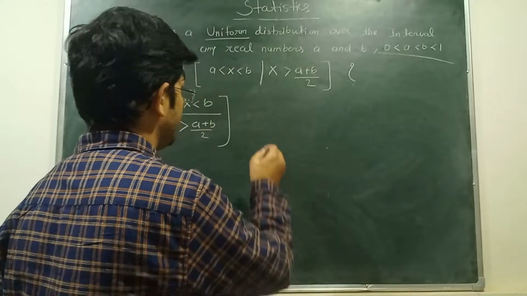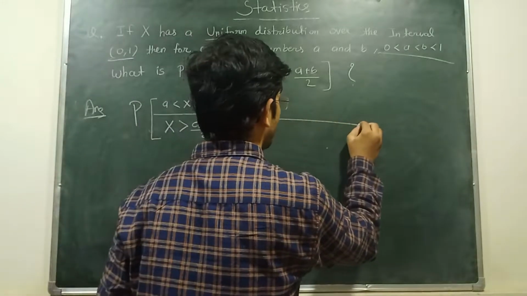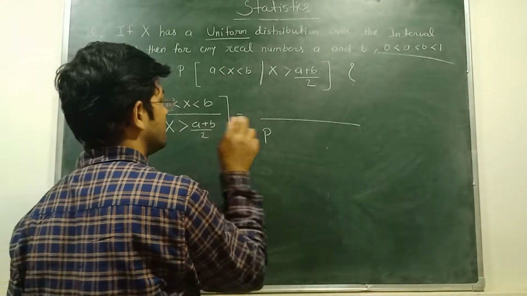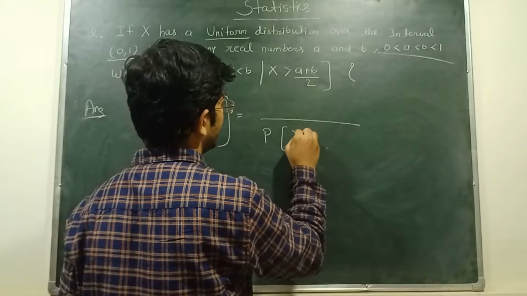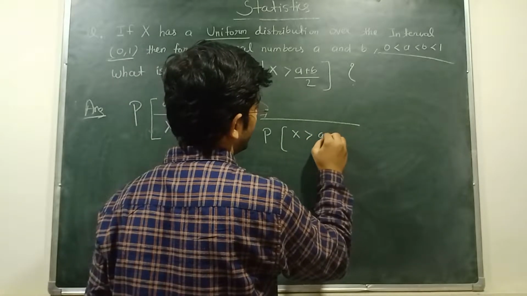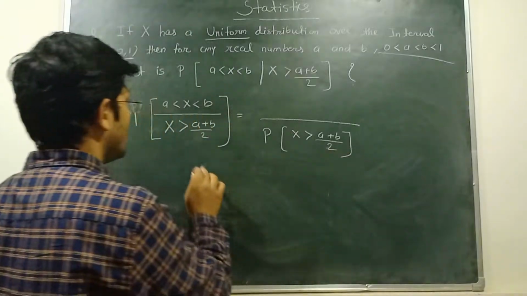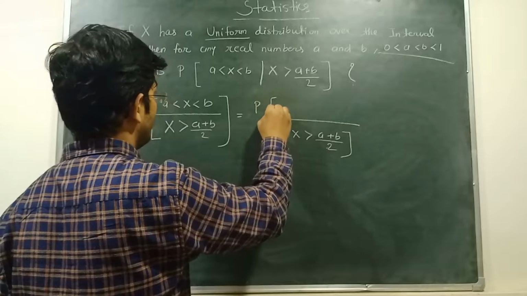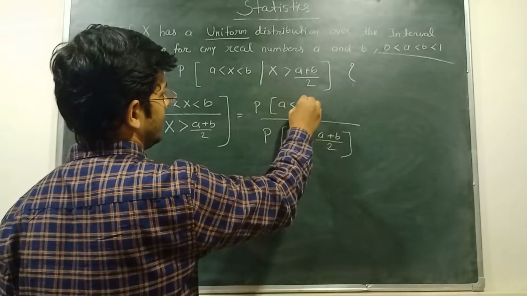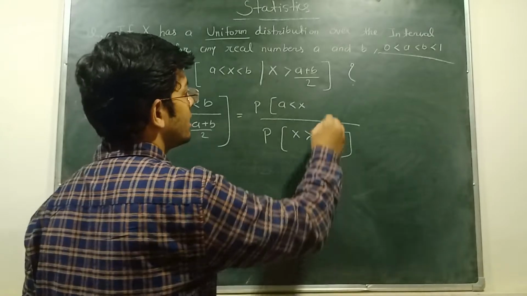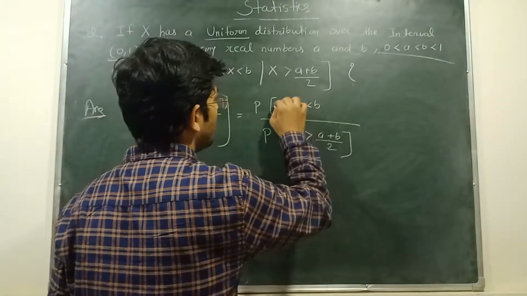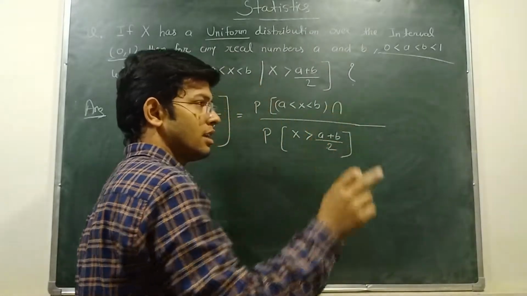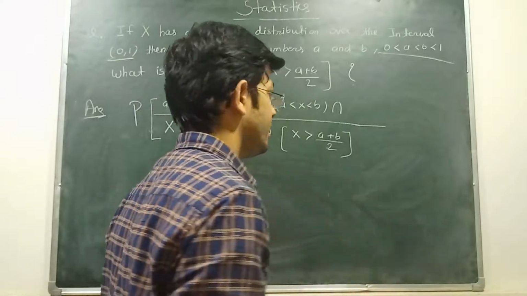In this type of probability, we write the probability of the denominator, and the probability of the denominator and the numerator both, with the intersect sign.